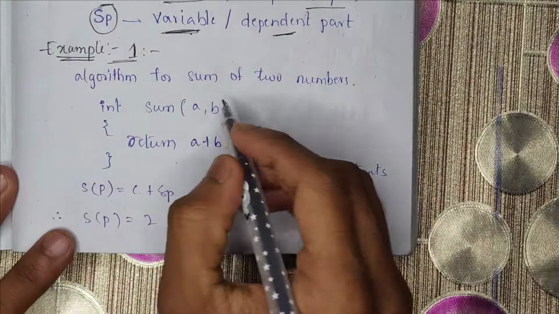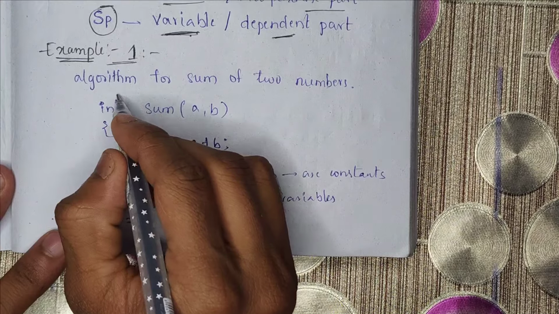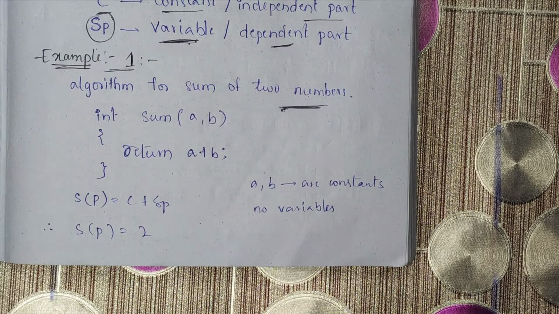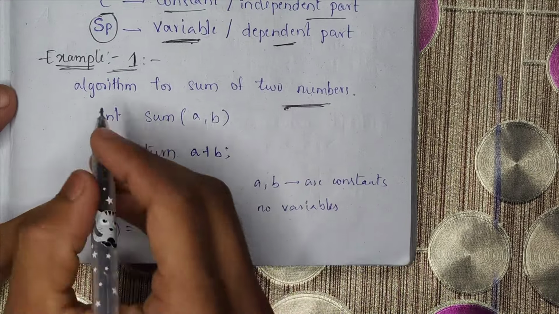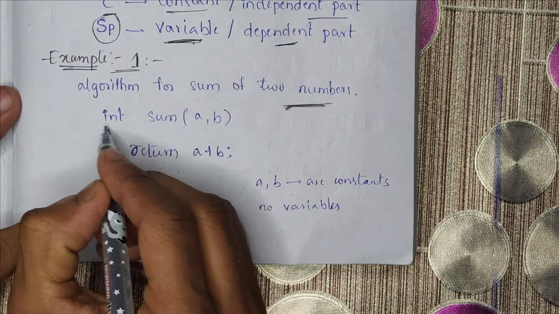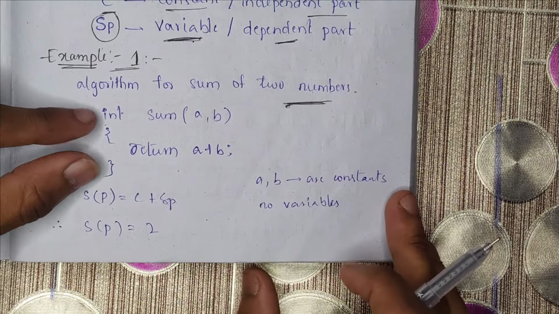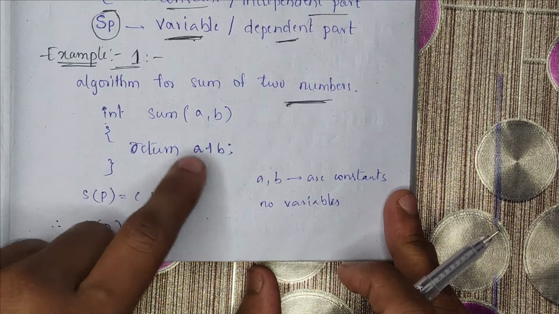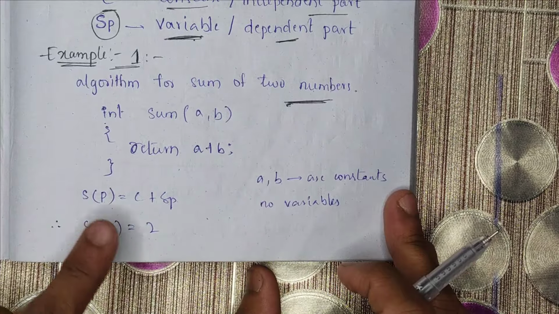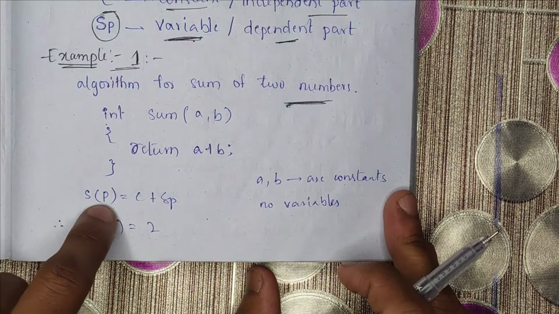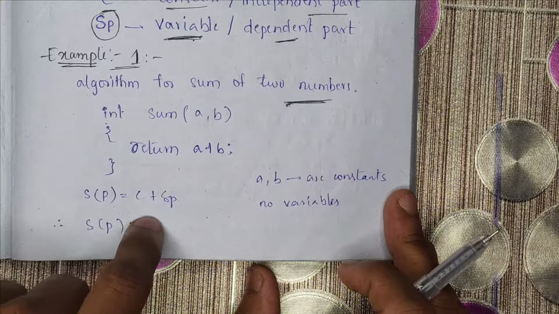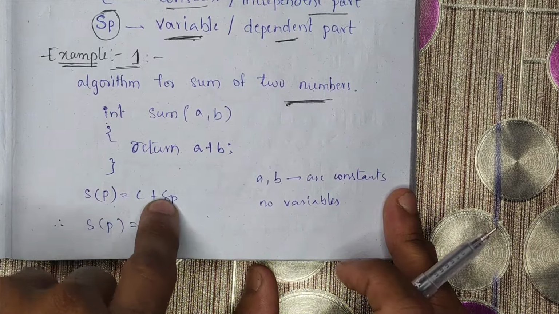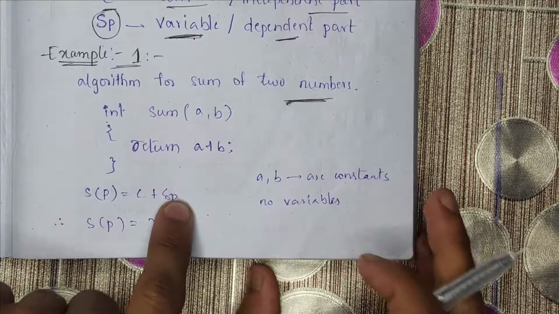Here we take an algorithm for the sum of two numbers. I have opened a function, int sum, with a and b as two parameters, and it returns a plus b. Now S(P) is the space complexity, which equals C, the number of constants, plus S(P), the number of variables.